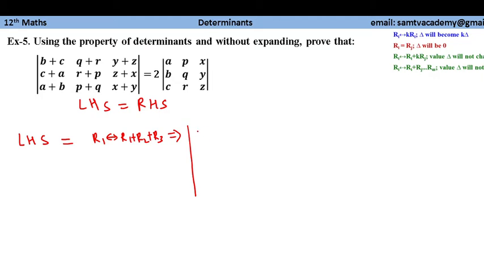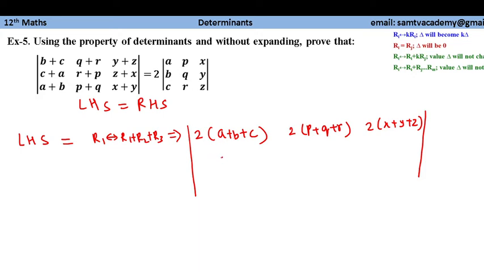Here every term appears 2 times, so we will write A plus B plus C. Directly we are writing because it is understood. Next, P plus Q plus R. Third will become 2 times of X plus Y plus Z. This is the first step.